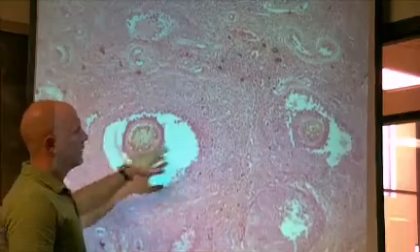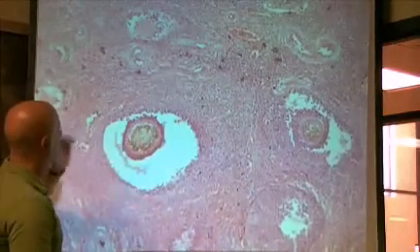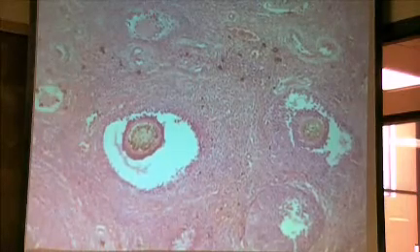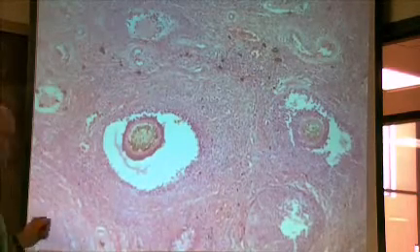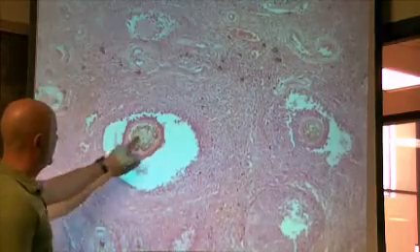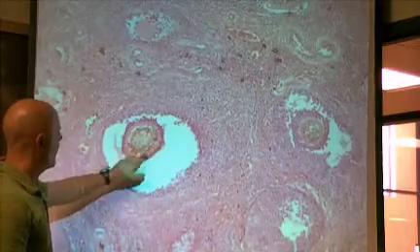So it's no longer in the middle like what we see with this one. It's pushed off to one side. We could probably find some that's a little better than that, but let's look at this guy here. Once again, here's the oocyte. Now you're seeing this pink layer around the oocyte.